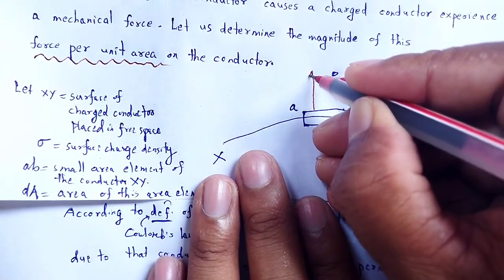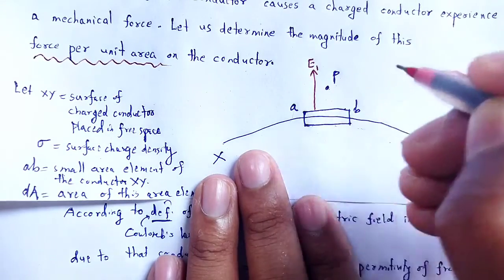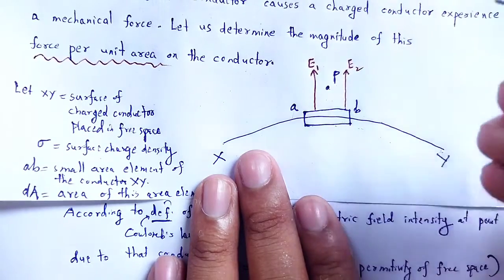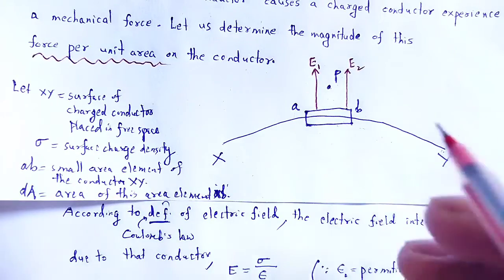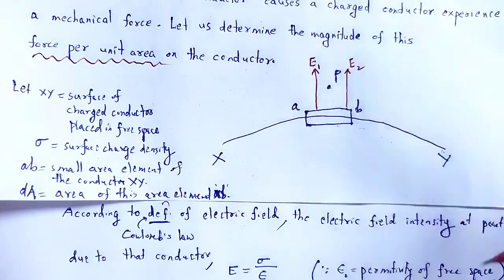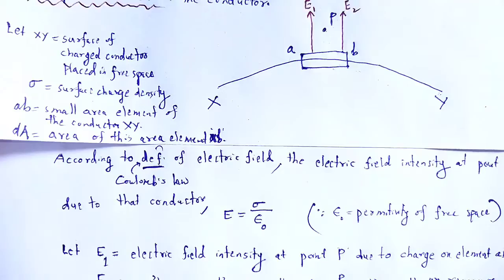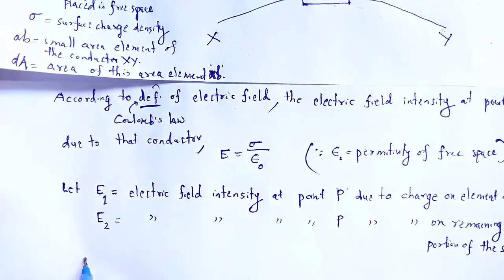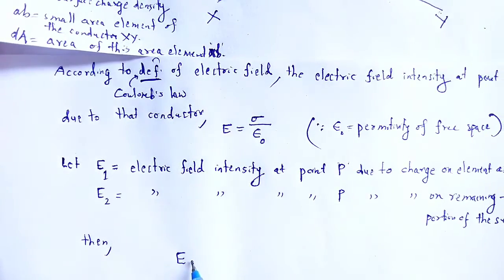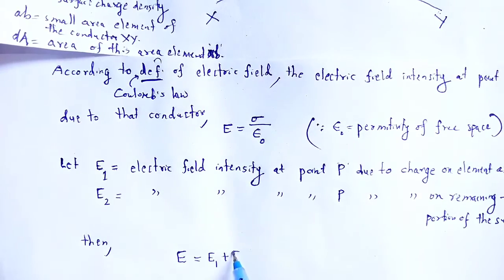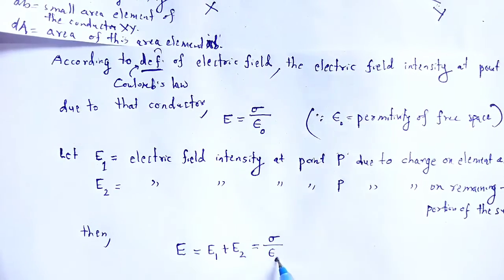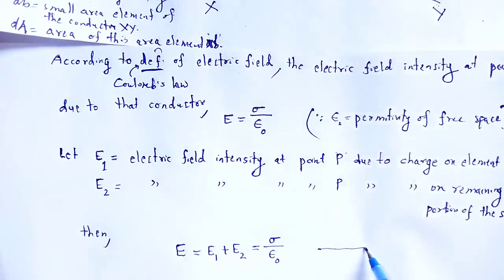So E1 is due to the element charge and E2 due to the remaining portion of the conductor, both directed normal to the surface. So the electric field intensity at point P is E is equal to E1 plus E2, which is equal to sigma by epsilon naught. We take this as equation number 1.